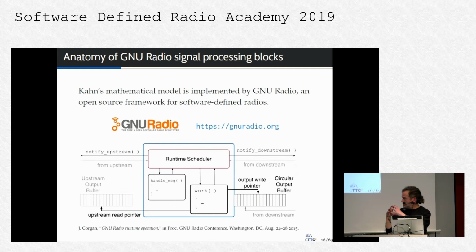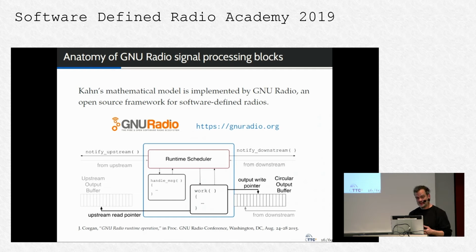Each of these nodes, as implemented by GNU Radio, if you look at the inside of those blocks, we can see something like this. There is an underlying runtime scheduler that is parceling out the work of the computer in different threads.